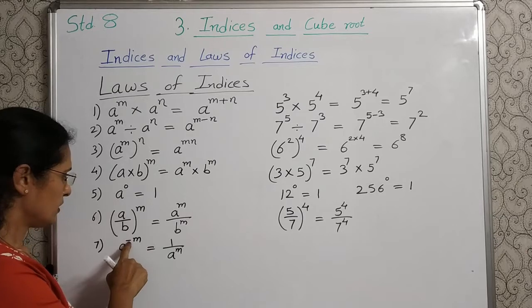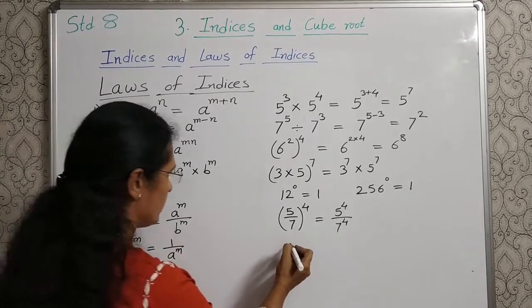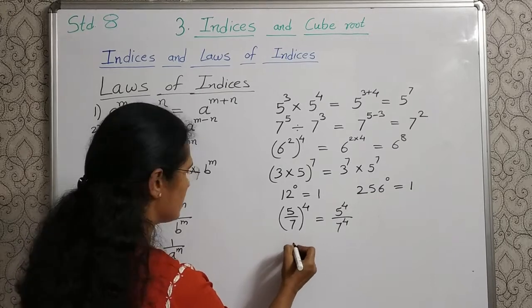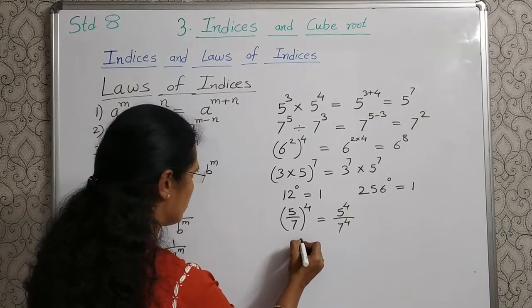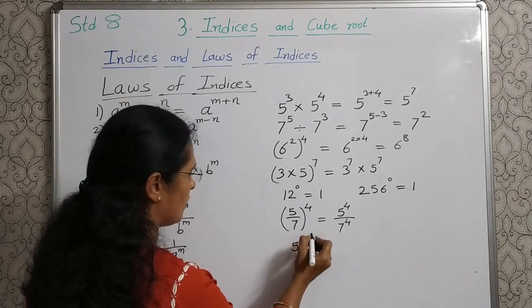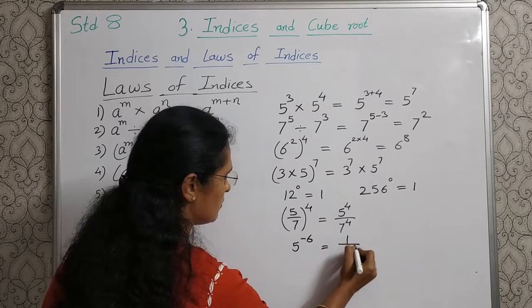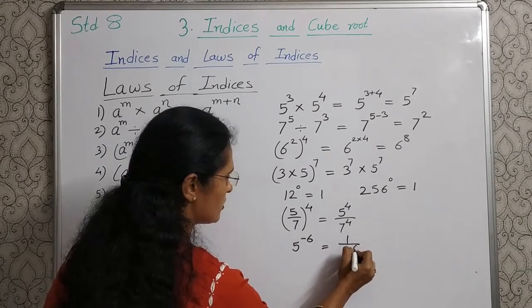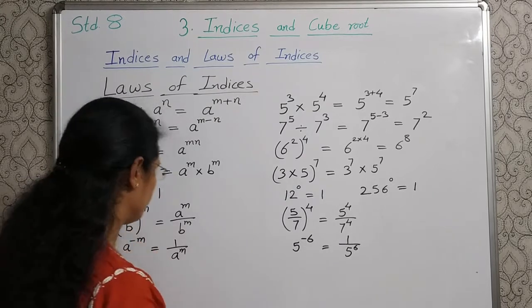So when a raised to minus m, we can write 1 by a raised to m. So we'll take one example. If it is 5 raised to minus 6, then we can write 1 by 5 raised to 6. So this negative index will become positive.